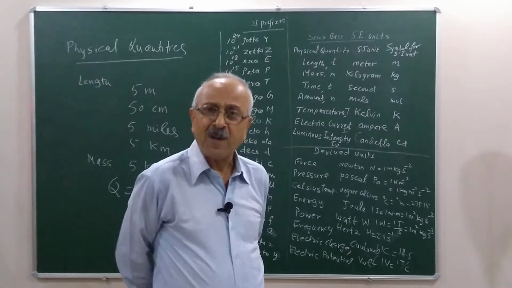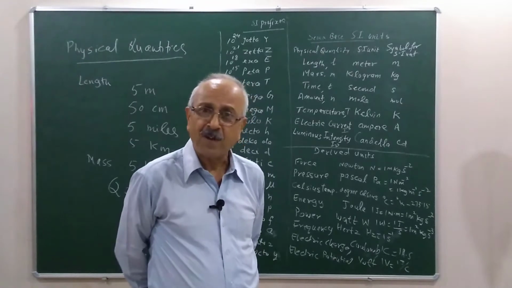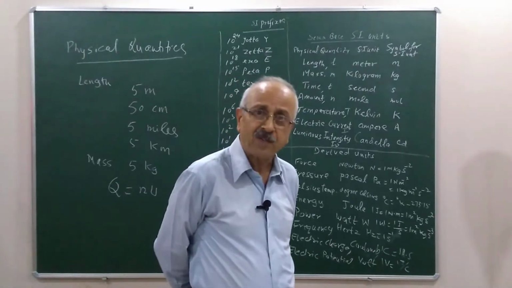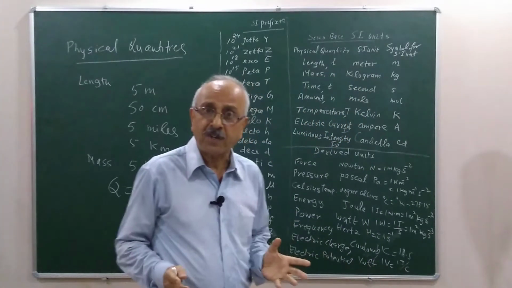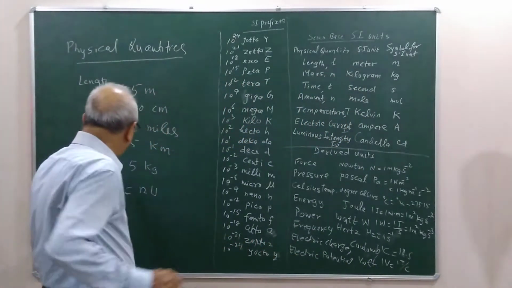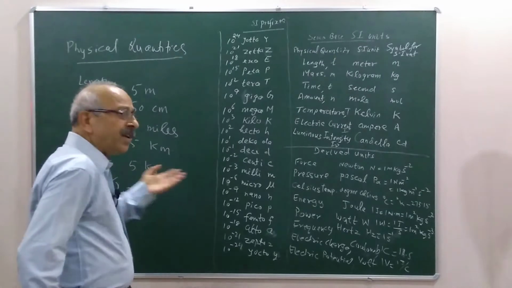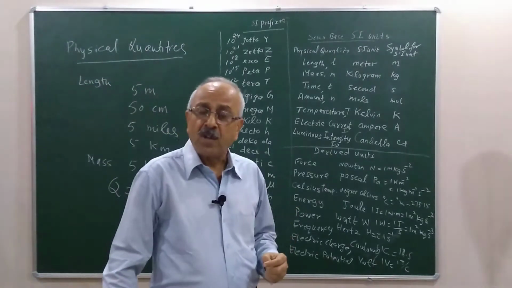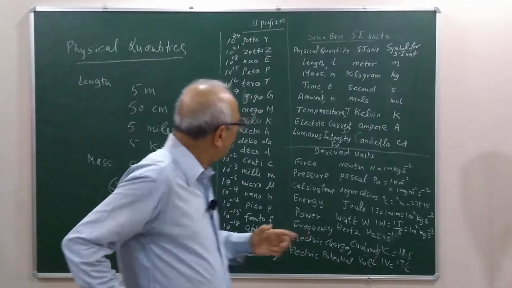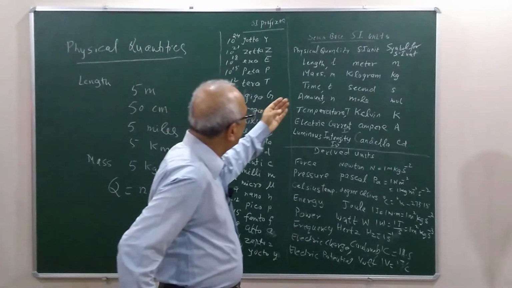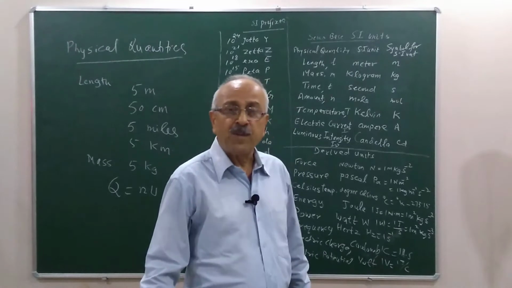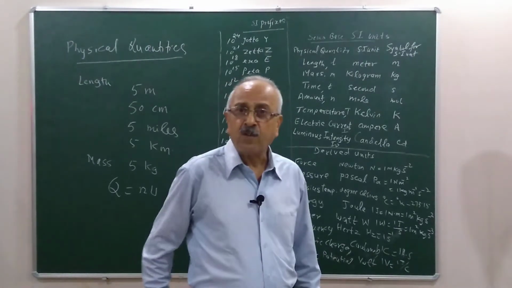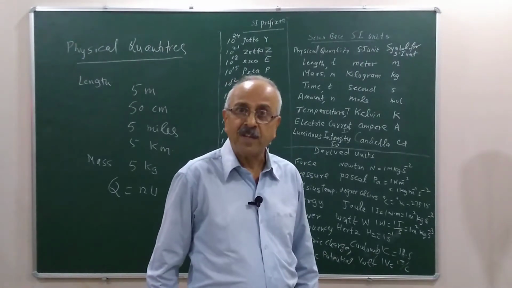Therefore, for the measurement of any physical quantity in physics, in chemistry, in science or in engineering, we are using different systems of units. You are aware that for mass I have shown you kilogram, and somewhere people are using pounds. When we talk of time, which is also a physical quantity, we are using seconds, hours, days.